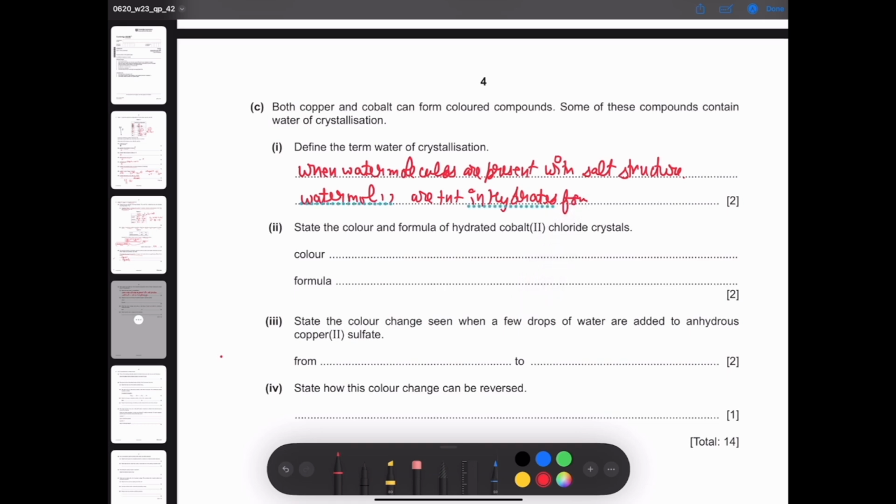That's it. Alright. Now, state the color and the formula of hydrated cobalt chloride crystals.